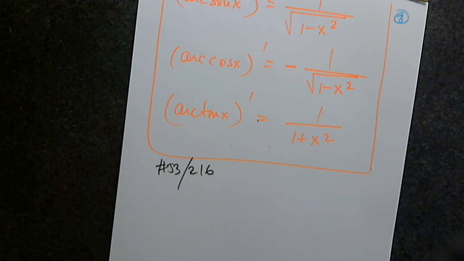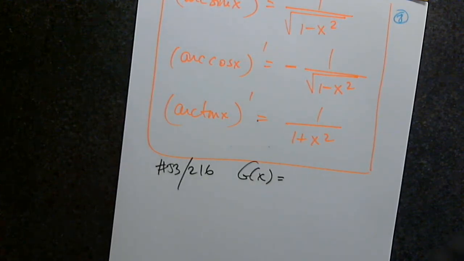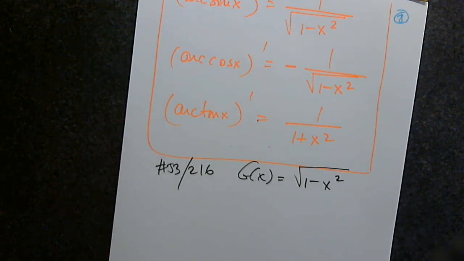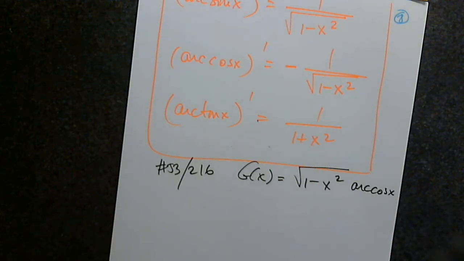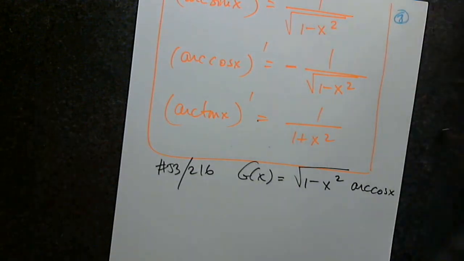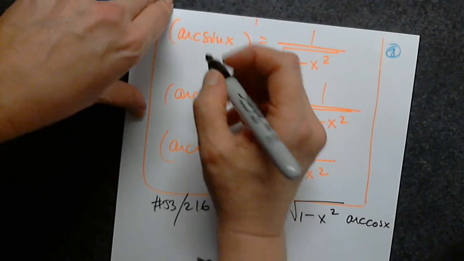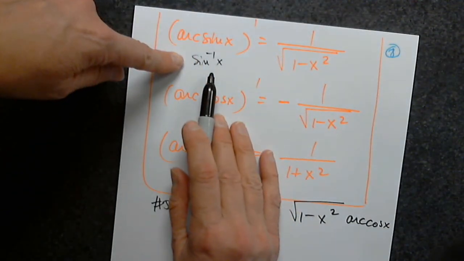Okay, so in 53 we have a function denoted by g of x, uppercase, the square root of 1 minus x squared. And this is multiplied by arc cosine. Now, we do know that there exists another notation that I really don't care for, but we have to remember that there is another notation which does not mean 1 over sine.